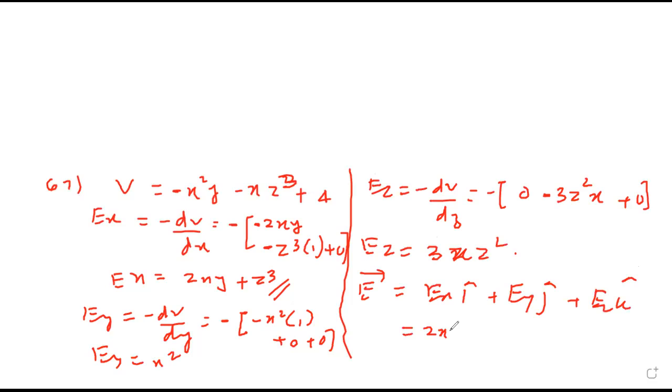So it is (2xy plus z cube) i cap plus x square j cap plus 3xz square k cap. Check this option. Option D.